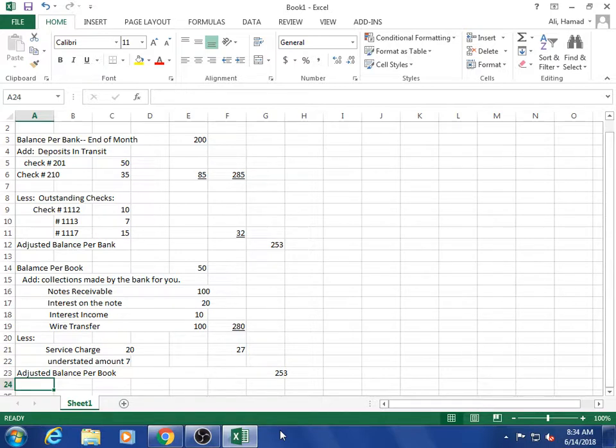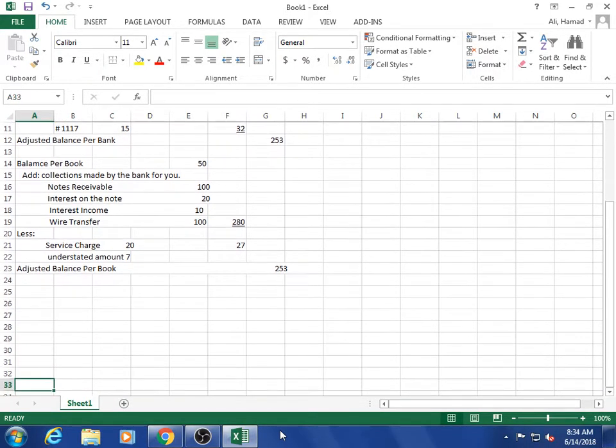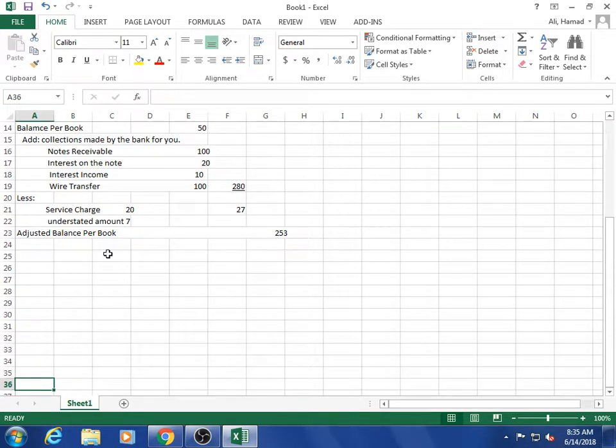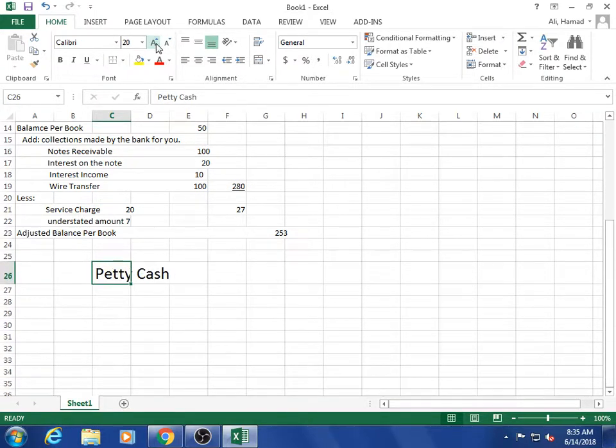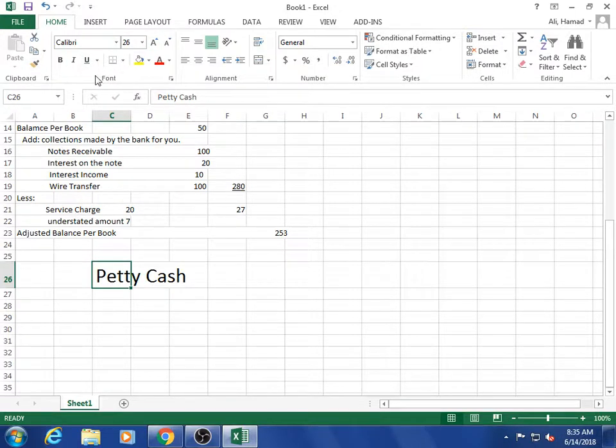So let me put a title here: petty cash, big and underlined. You're going to treat it differently from the main cash of the business.